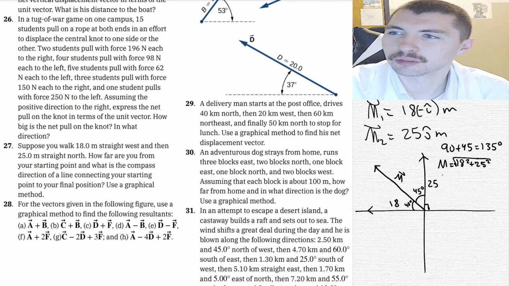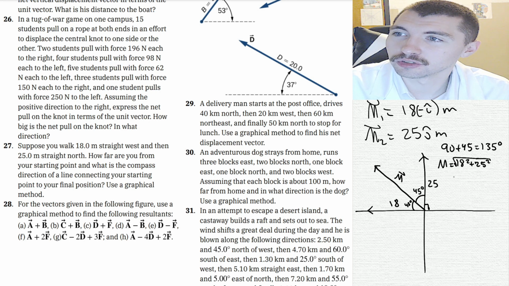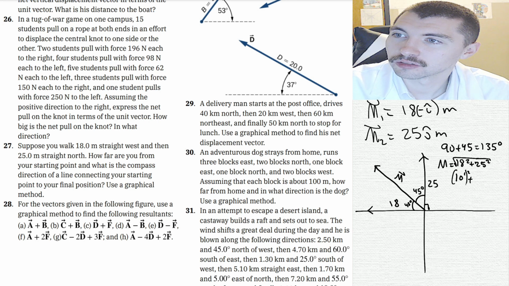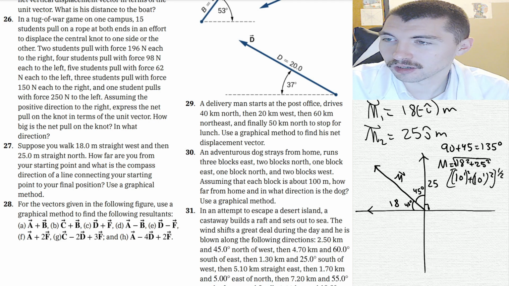And I don't feel like using a calculator, so we're going to do 10 to the 1 squared plus 10 to the 1 squared, to the 1/2. So it's going to be 10 to the 2 plus 10 to the 2.